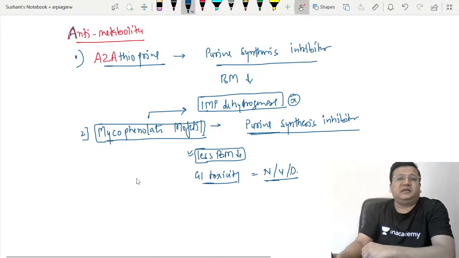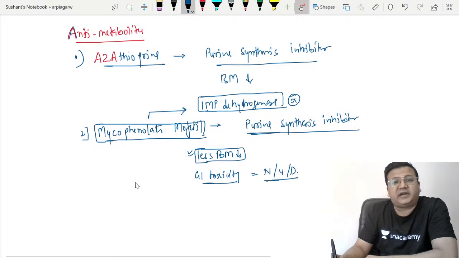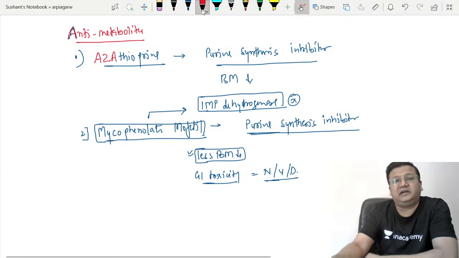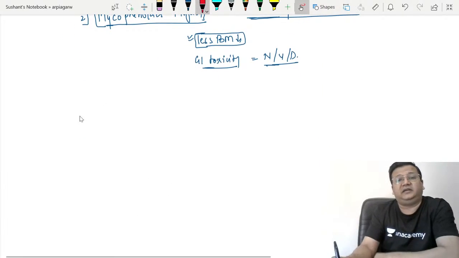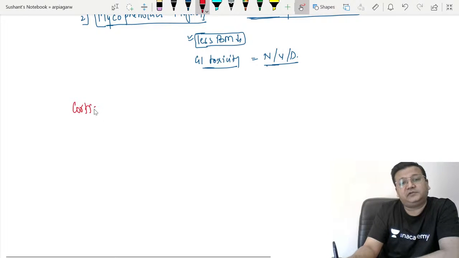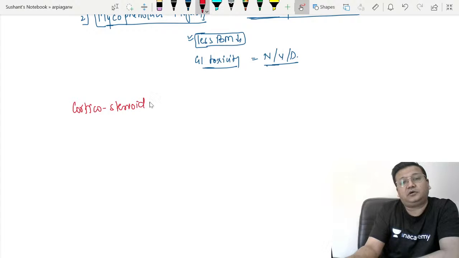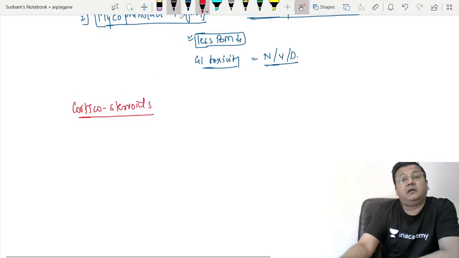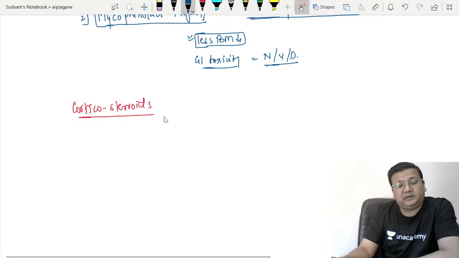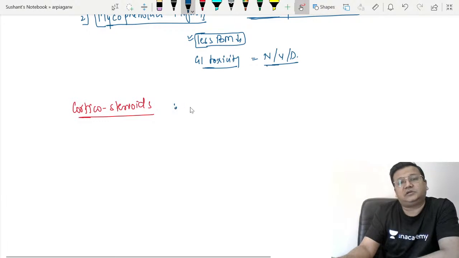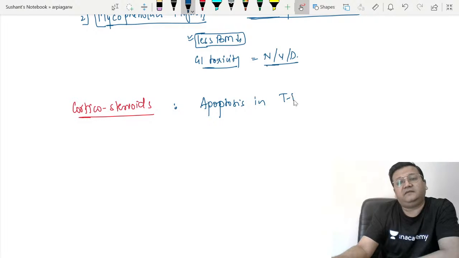So now these are the important immunosuppressants which are acting on T lymphocytes, and the final category is corticosteroids, which we all discuss and frequently use as immunosuppressants. Corticosteroids are potent immunosuppressants, and they will cause apoptosis in T lymphocytes.